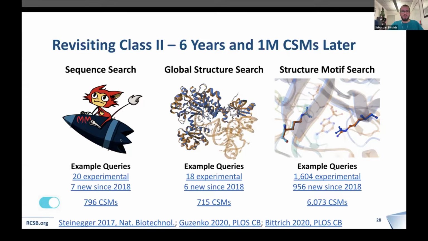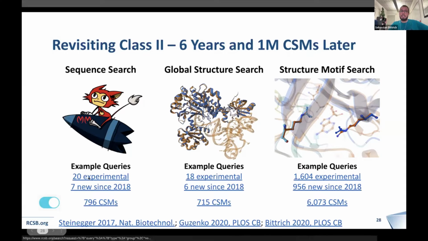Long story short, in this particular case for aminoacyl-tRNA synthetases, just because we are looking at billions of years of evolution, a sequence search doesn't give you that many results. So in our study in 2018, we saw roughly 500 structures in class 2, but a sequence search will only give you access to 20 experimental structures.